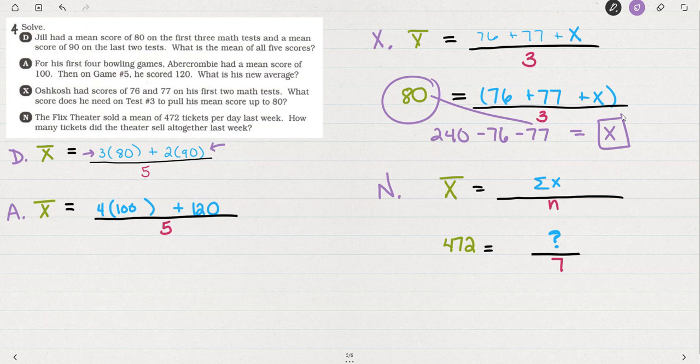And finally, the Flicks Theater sold a mean of 472 tickets per day. So the key here is that we know that N is 7. We could multiply 472, the mean, the X bar, times the number of days to be able to find the total summation of each day, the sum of each day's tickets added up for all 7 days.